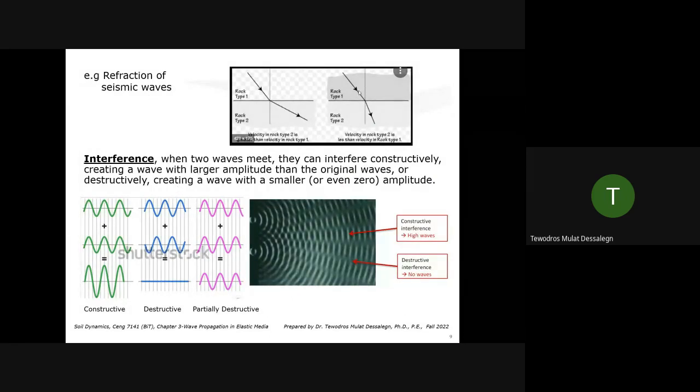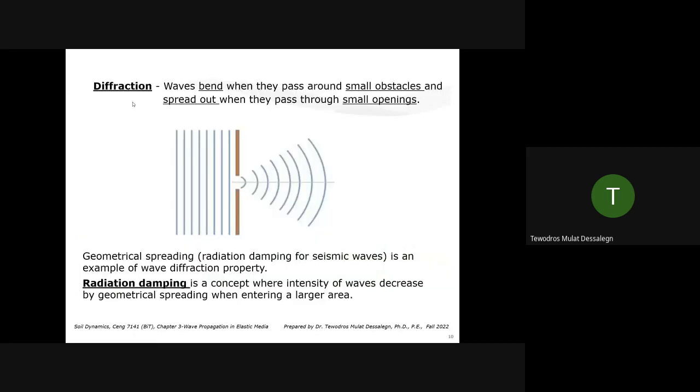Refraction is applicable to seismic in our case, but it can be for any kind of wave. And diffraction is just the geometrical spreading of waves. This also has a big application for geotechnical engineering, because we are talking about radiation damping, where waves scatter in all directions and get weaker.